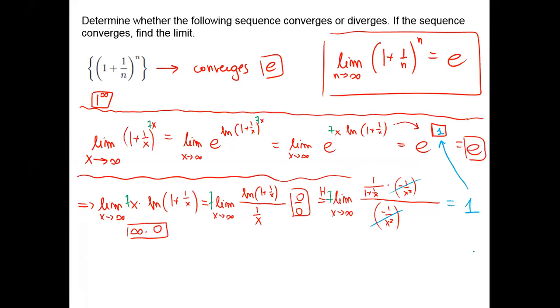The answer will be 7, that means e to the power of 7. And I can play the same way, trying to remove that 7 because it wasn't part of the original.